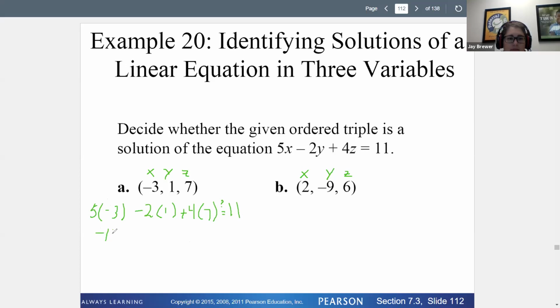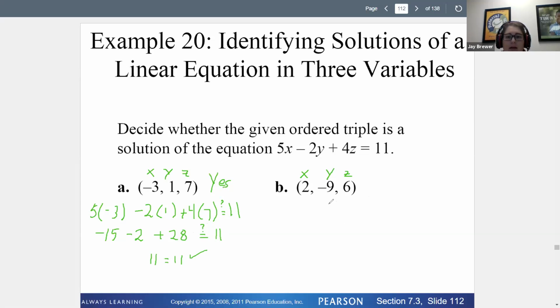Well, we have -15 and -2 and then a plus 28. So does -17 plus 28 give us 11? It does. It checks. Therefore, you would say, yes, this triple is a solution.